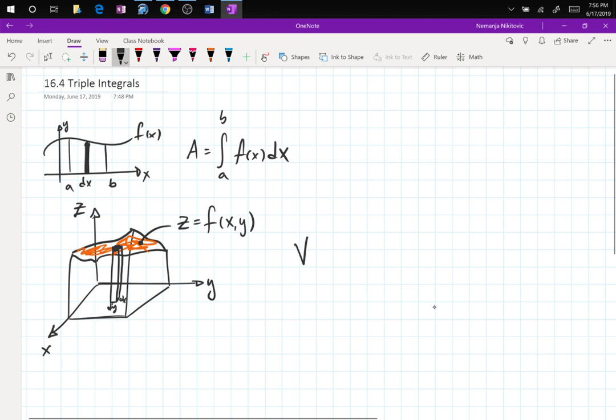So when you are looking for volume, you had the double integral of f of x y, and then let's say dy dx, with x from a to b, and y from c to d.